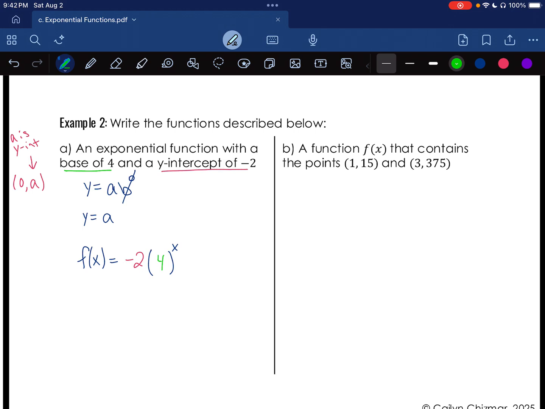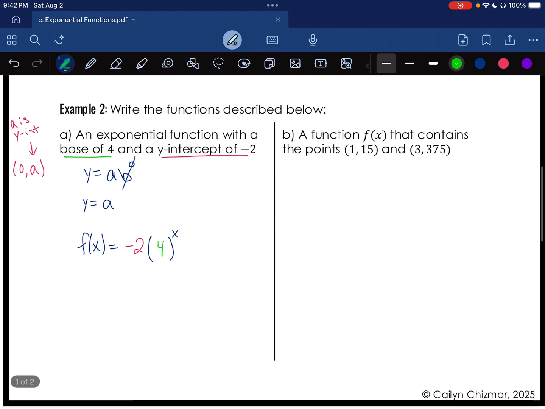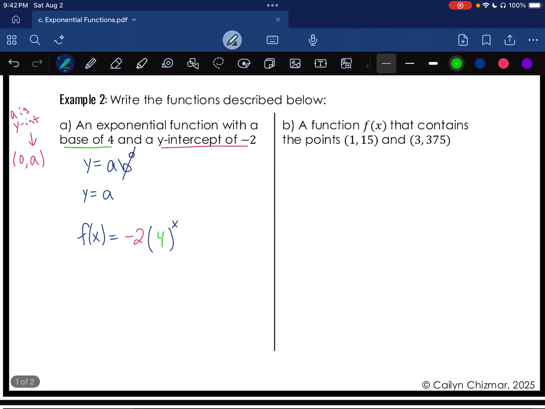All right, now we're going to look at this function here, f of x, and it contains the points (1, 15) and (3, 375). One way I like to think about this is with a table. So I'm going to need to know that y-intercept, at 0, my starting amount. Then I know the point's (1, 15). Don't know what's happening at 2.